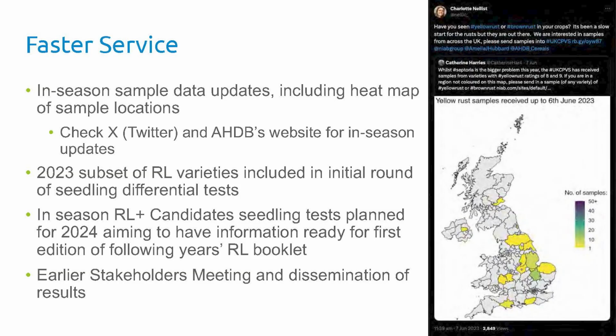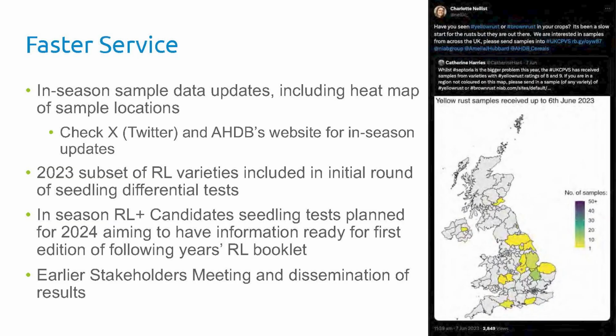This included heat maps to show the areas where we were getting samples in from. We released these on X and on AHDB's website. So please do keep an eye out for these next year. We're hoping that we can include some more information, but it's a work in progress.